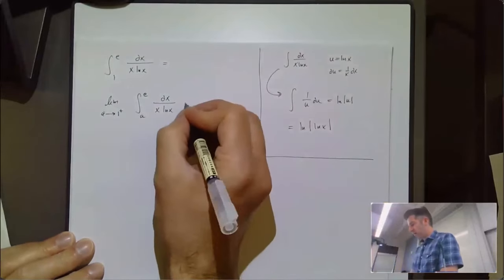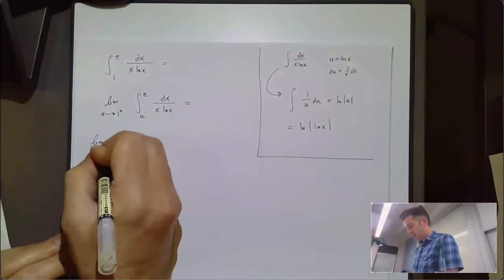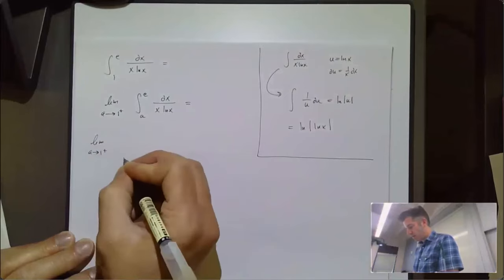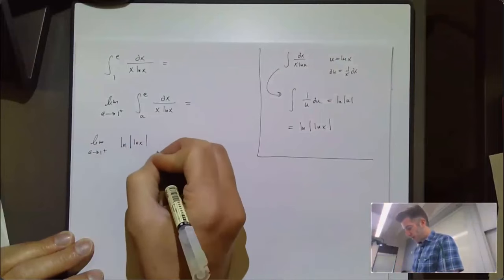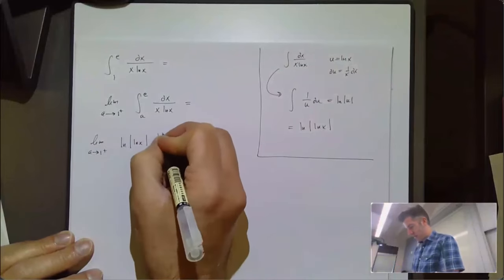So great, now I can write this as the limit, as a approaches 1 from the right, of the natural log of the absolute value of the natural log of x from a to e.